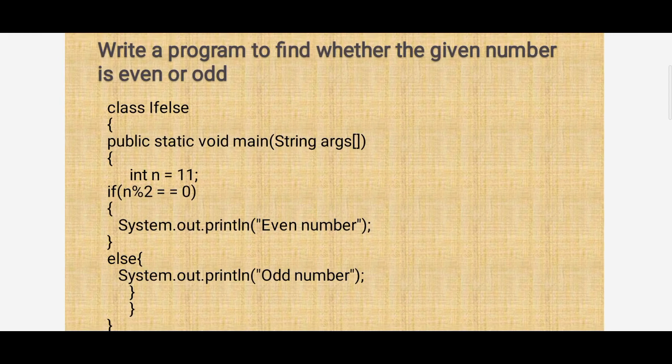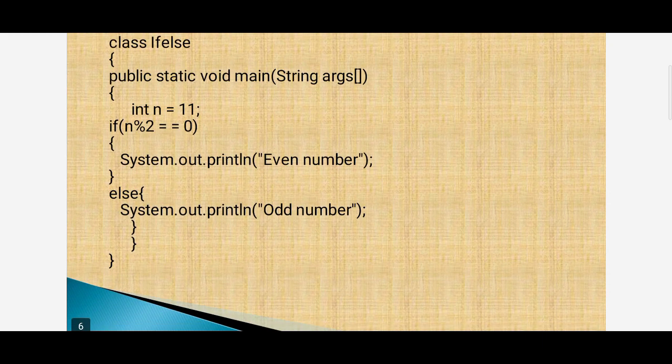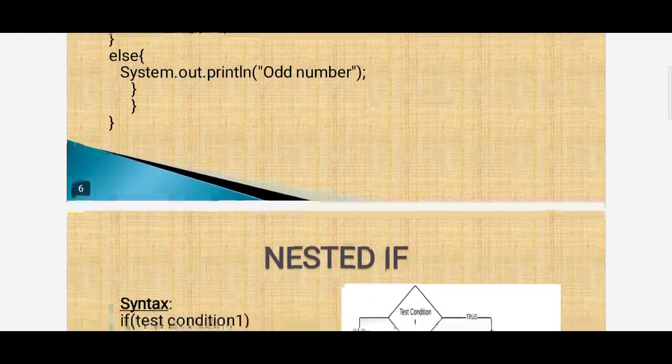This is the program for if else statements: whether the given number is even or odd. If the given number is even, it is true, the first statement is executed, otherwise the second statement is executed.